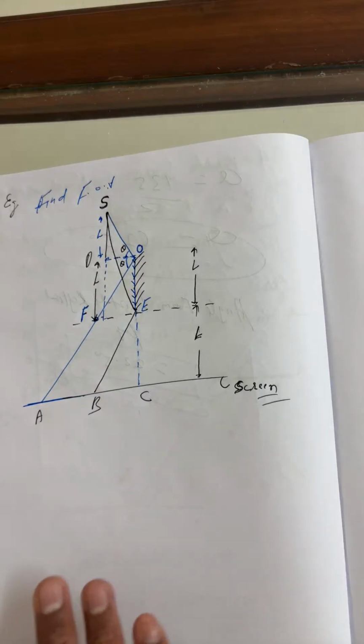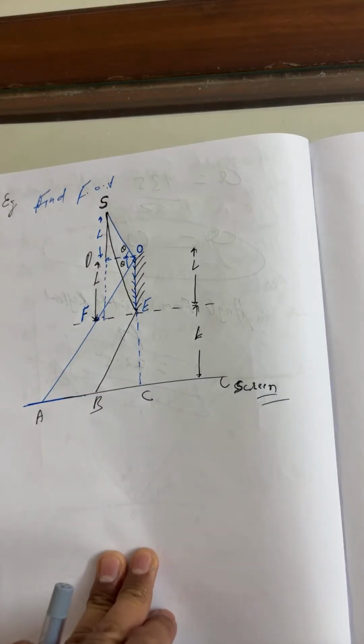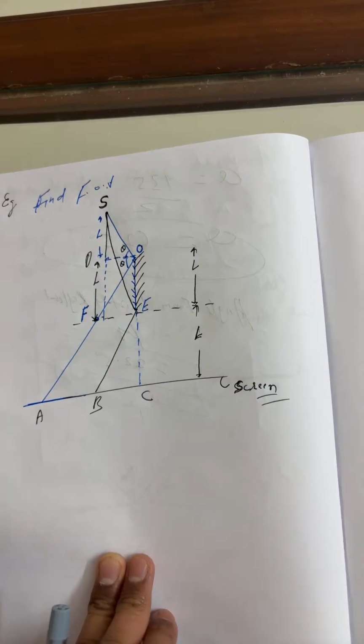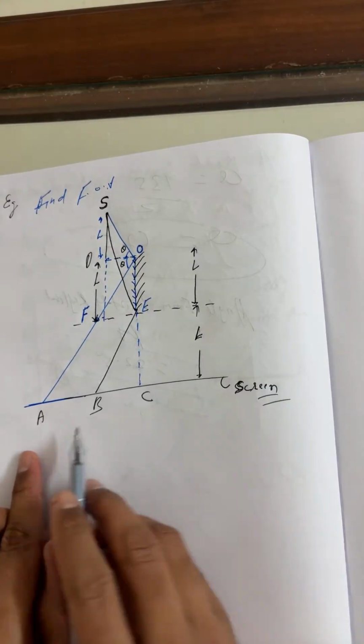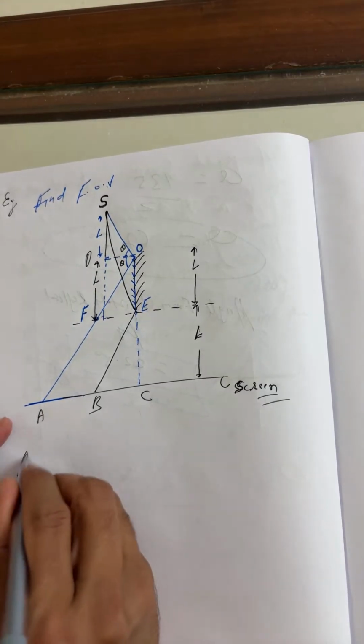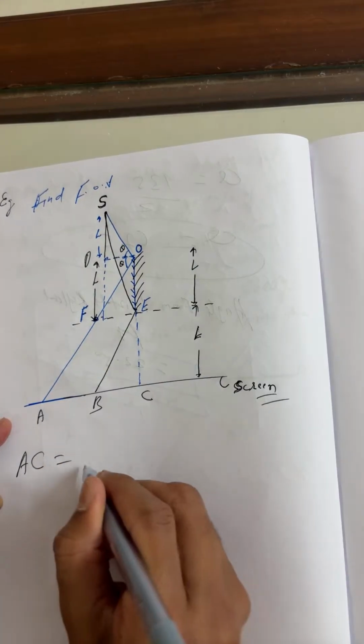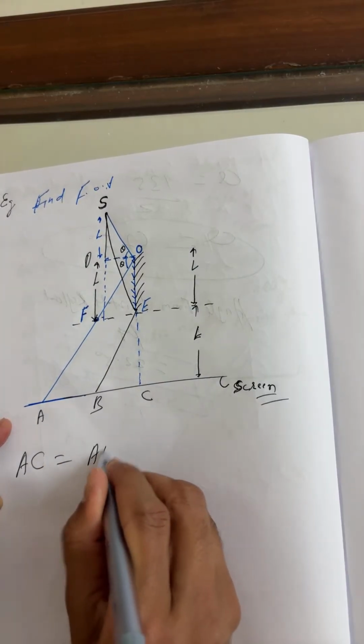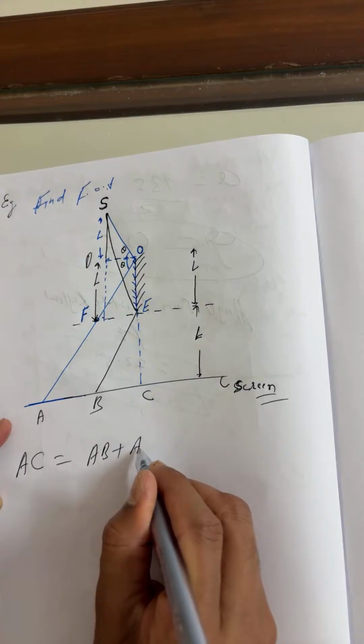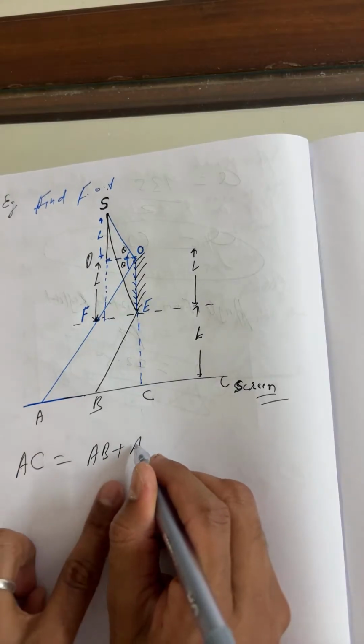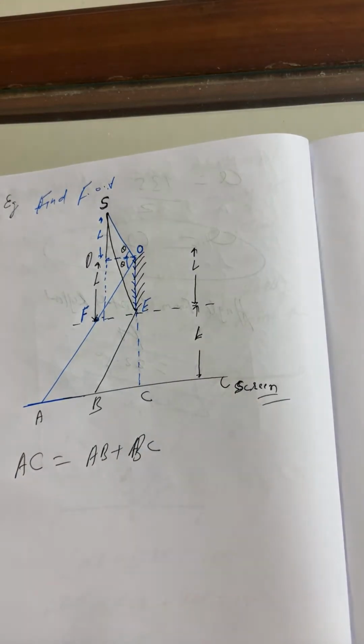Just go through this diagram. Here I can see one thing from geometry. From this diagram, I can say AC is nothing but AB plus BC. So AC, what can you write?